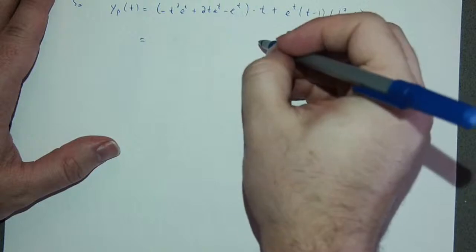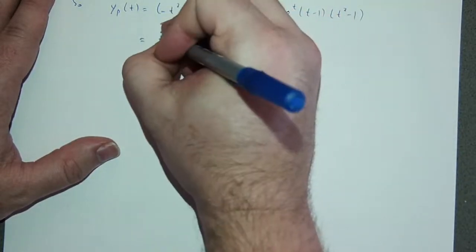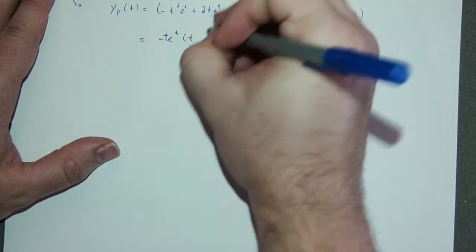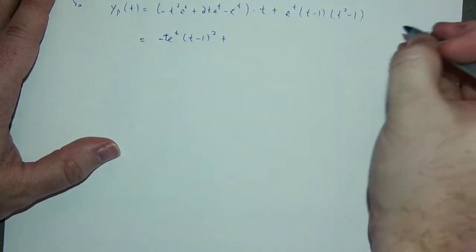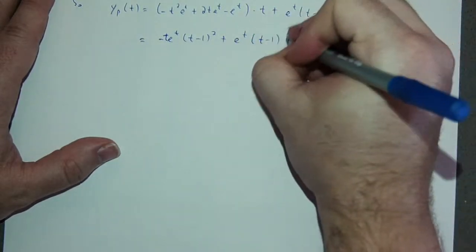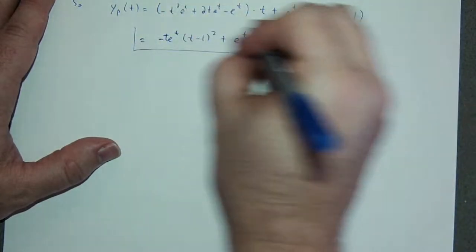So this is like minus e to the t times t. So minus t e to the t times t minus 1 squared plus e to the t times t minus 1 times t squared minus 1. That is what I get here.